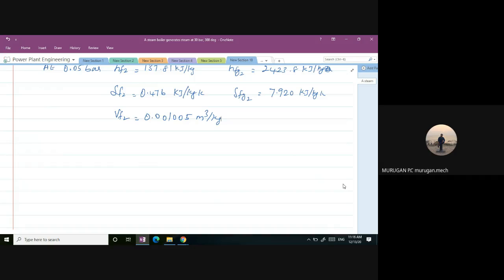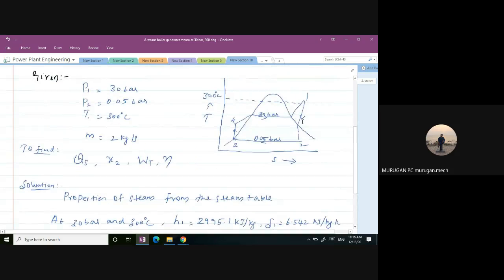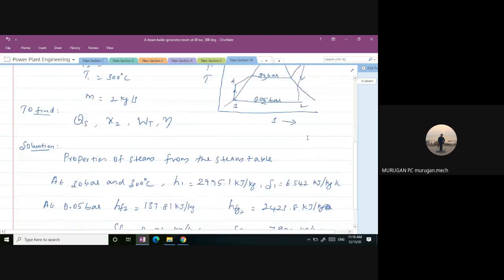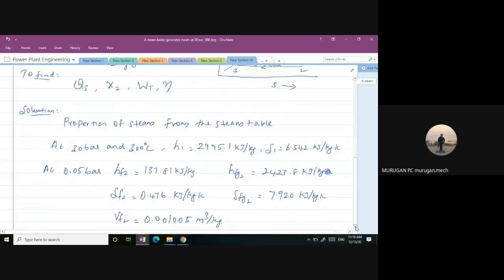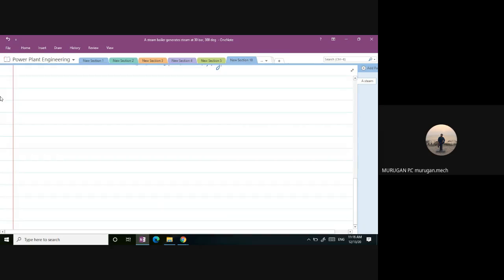Then the process 1 to 2 is said to be the isentropic expansion in the turbine.